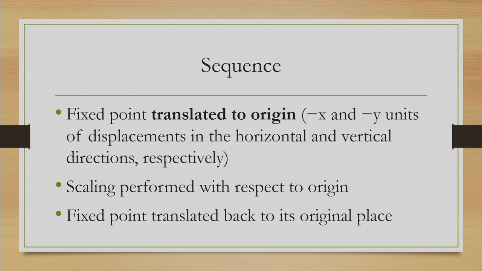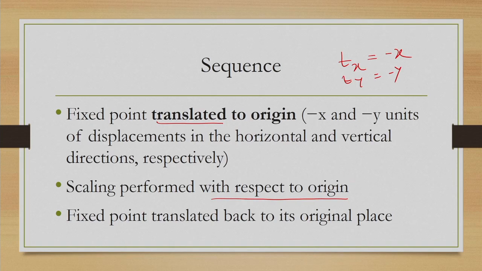What is that sequence? First, we translate the fixed point to origin, that means we make the translation amounts T x equal to minus x and T y equal to minus y, that is the first transformation. Then we perform scaling with respect to origin. This is important.